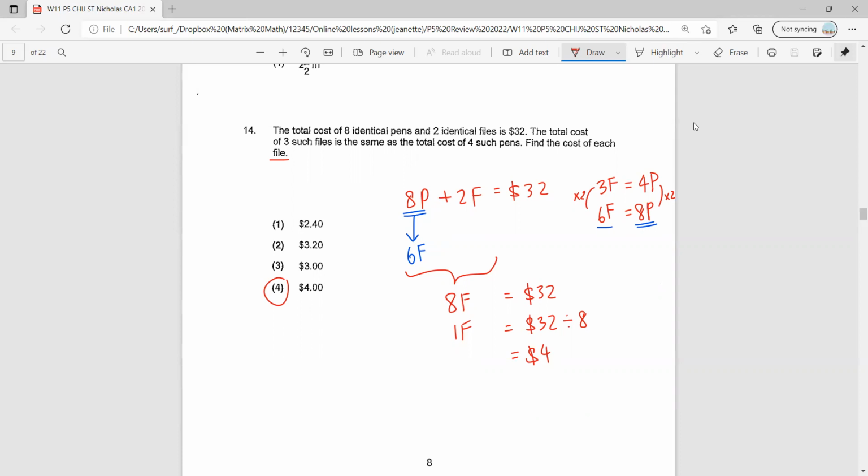Okay, then the next question, question 12.